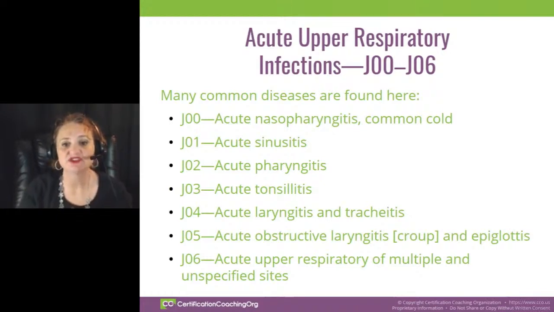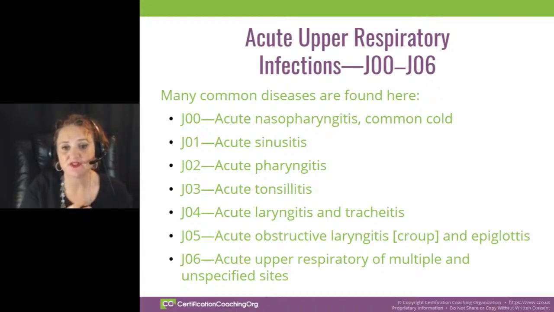Then we can have laryngitis and tracheitis. Now, laryngitis, mind you, we know where the larynx is, and often with laryngitis we have the inability to talk because the vocal cords will be irritated as well. Tracheitis is just a little bit farther down. If you get obstructive laryngitis and epiglottitis, that means we've got something that is covering up, that is obstructing the larynx, right?